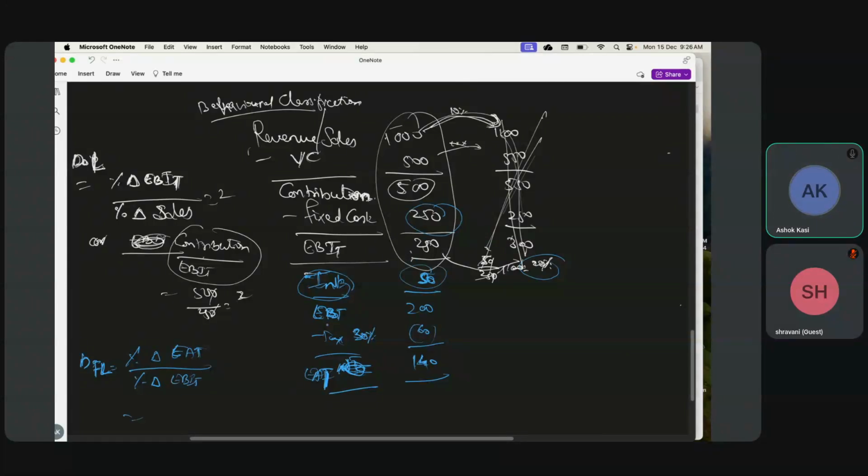Okay, so here 300 was the profit. Interest will be the same 50, so this will become 250. Take 30% of 250, that is 75. 250 minus 75 is 175.